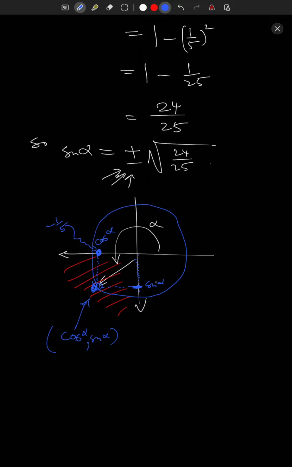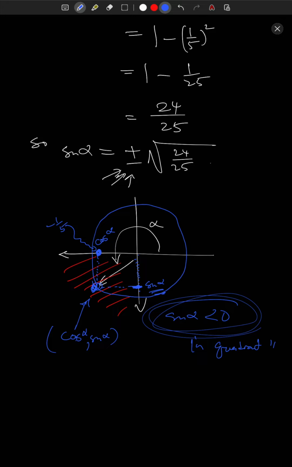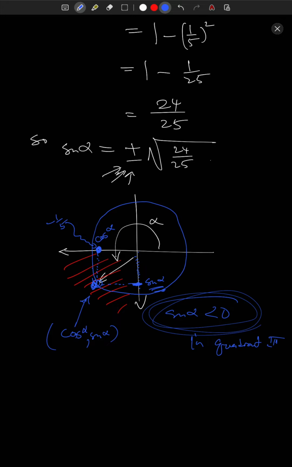So sine of alpha has to be negative, because every point in the third quadrant has a negative y coordinate. So we toss the plus sign and keep the negative sign. Sine of alpha is equal to negative square root of 24 over 25.